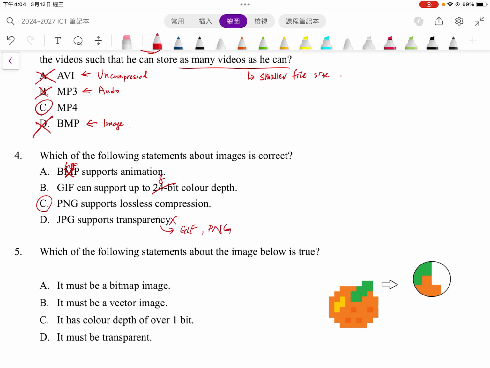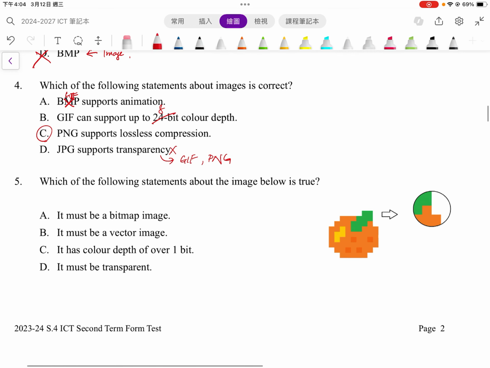So answer C. Question number 5, which of the following statements about the image below is true? From this image, you can see many little squares here. So most likely, this is a bitmap image. But option A says it must be a bitmap image, and must means 100%.